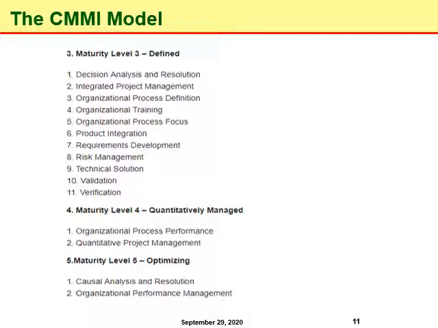Similarly, at level 4, which is quantitatively managed, the key process areas are organizational process performance and quantitative project management. Then at level 5, which is the highest level and is called optimizing, there are key process areas that include causal analysis and resolution and organizational process performance management.